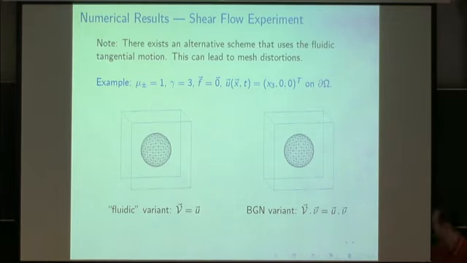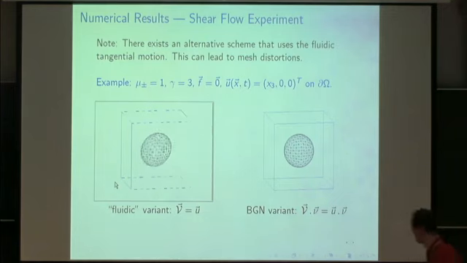So now I put this in a shear flow. I shear the upper plate to the right and the lower plate to the left, and that would induce a flow which in the upper part goes from left to right and in the lower part goes from right to left. And of course the flow then has an effect on your interface.